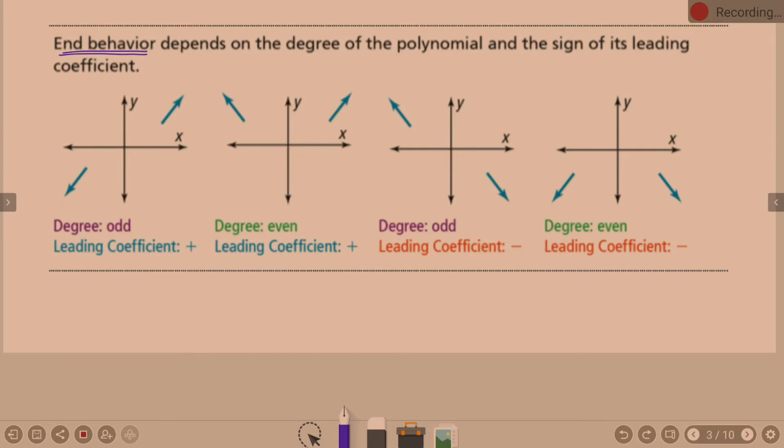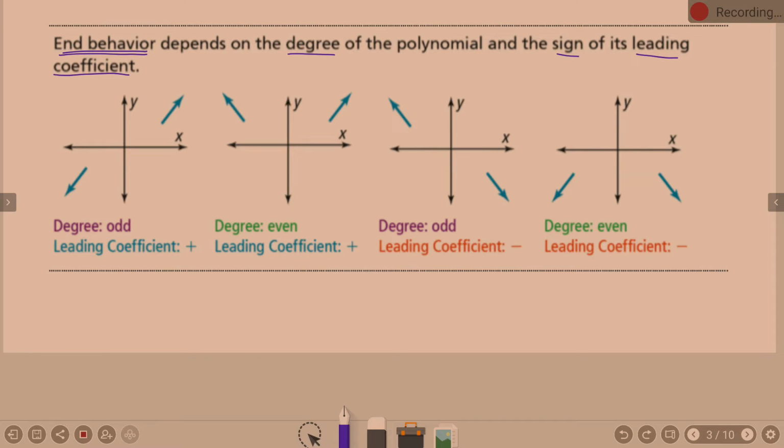Now, end behavior depends on the degree of the polynomial and the sign of its leading coefficient. So we just spent some time talking about degree and the leading coefficient, didn't we? And that's what determines the end behavior. So even if I don't have a picture of the graph to look at, if I can see that first term, and I know what degree it is, and I know what sign it is, whether it's positive or negative, I know what my graph is going to do.